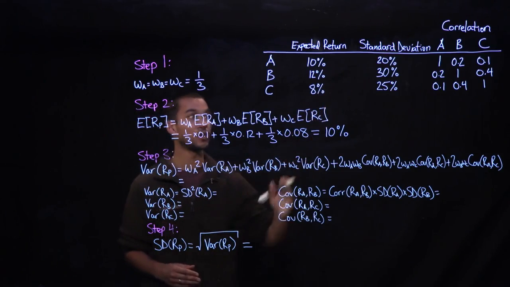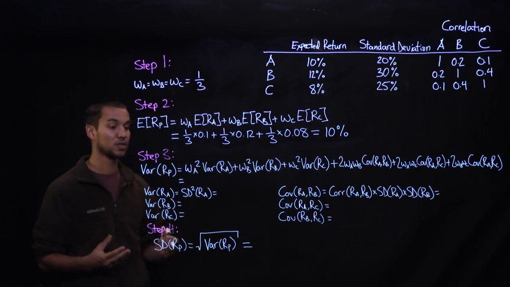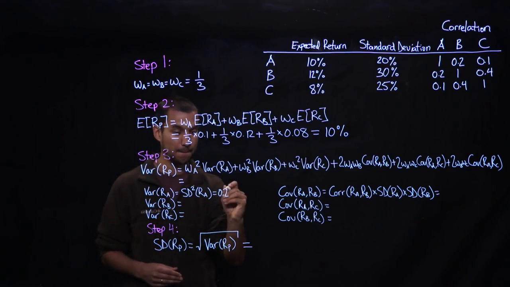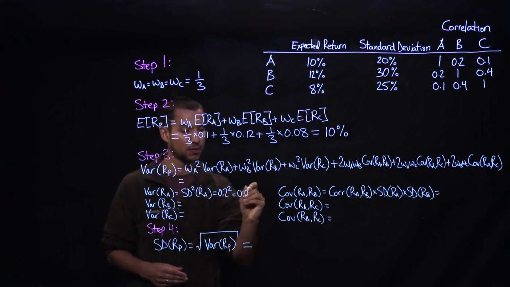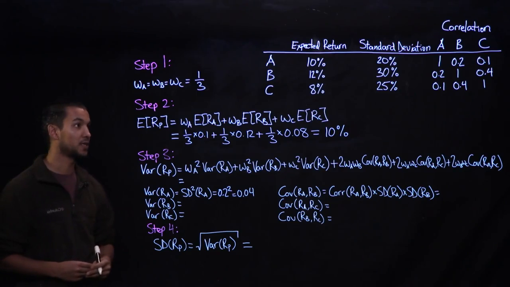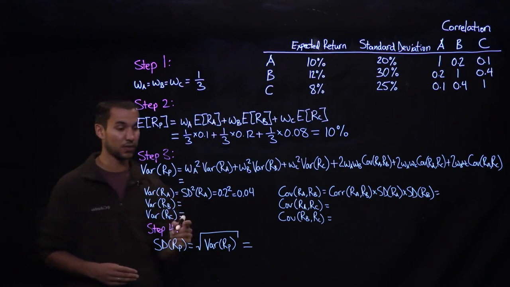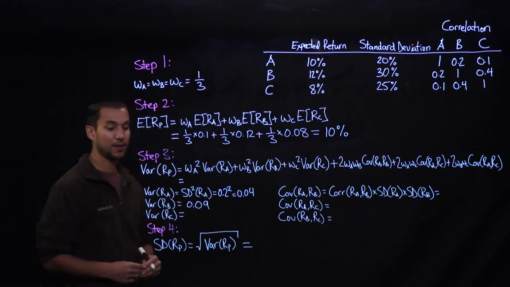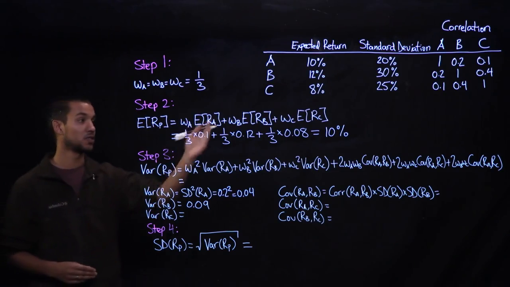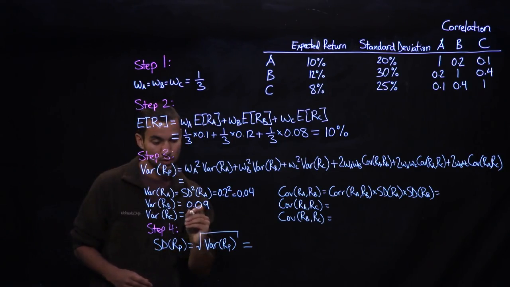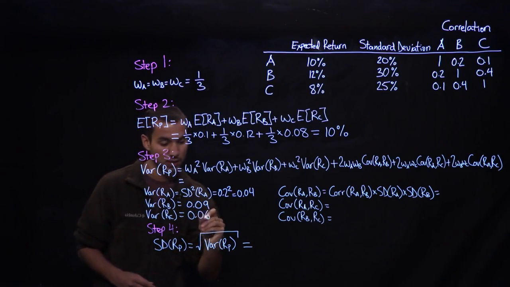Standard deviation is 20%, or 0.2, so this is going to be equal to 0.2 squared, which is equal to 0.04. Similarly, the variance on B is going to be equal to 0.3 squared, which is 0.09. And the variance on C is going to be 0.25 squared, which is equal to 0.0625.